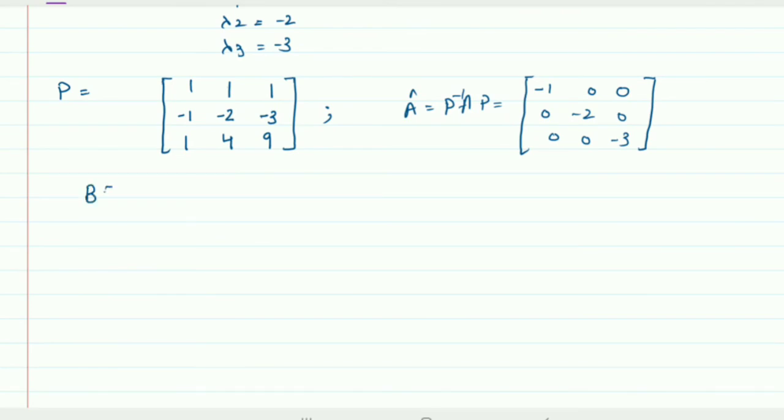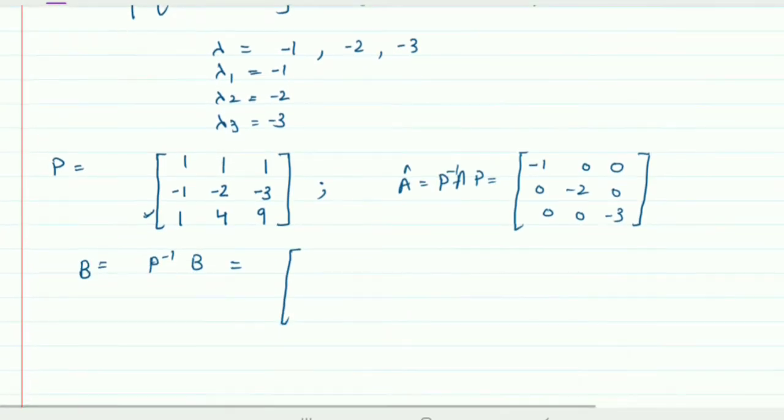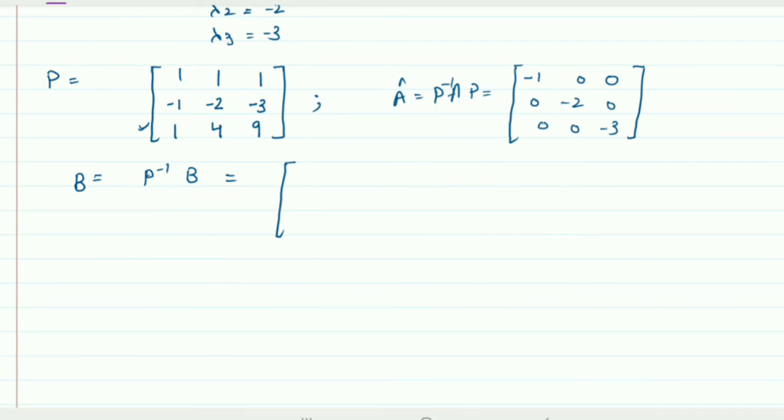The B hat matrix you can calculate as P inverse into B. Please solve this by yourself. Use the P inverse of the P matrix, and the B matrix given for the system, which is 0, 0, 6. If you solve this, you will have the B hat matrix equal to 3, -6 and 3.